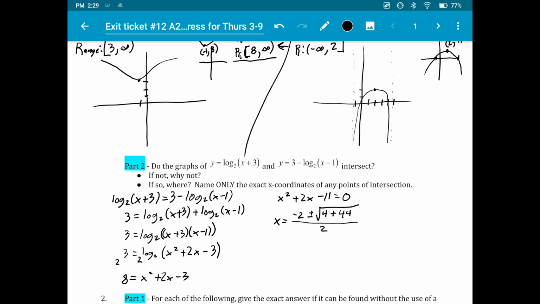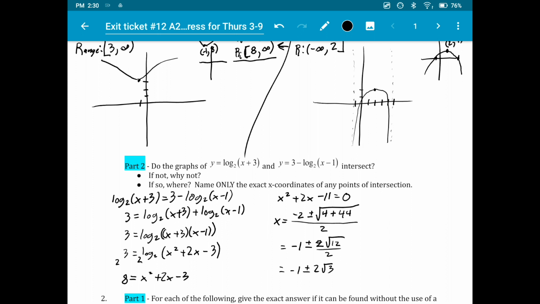And that is equal to -1 plus or minus 2 times the square root of 12 over 2, which would be equal to -1 plus or minus 2 root 3.